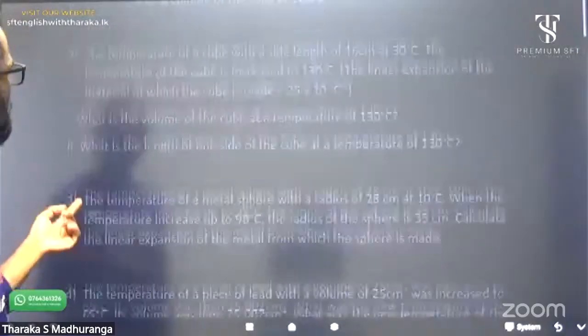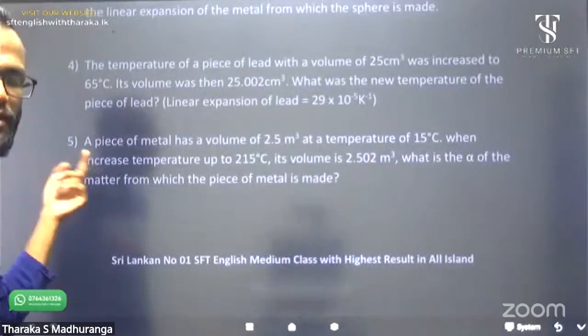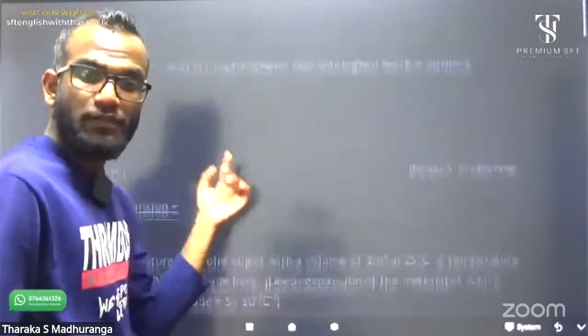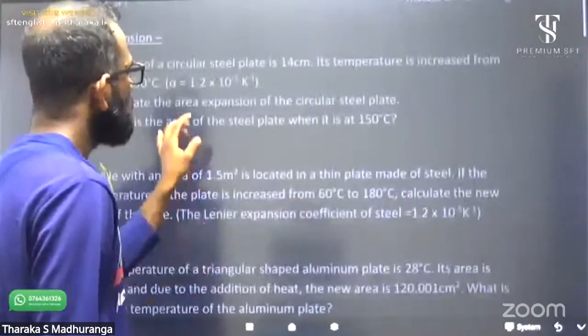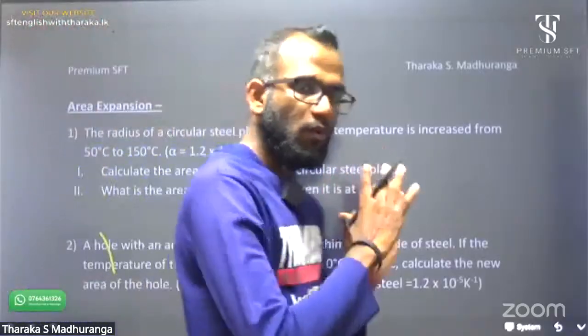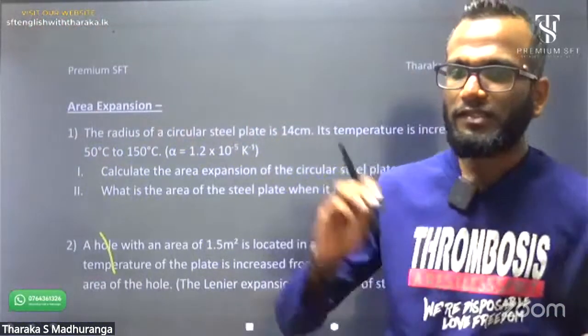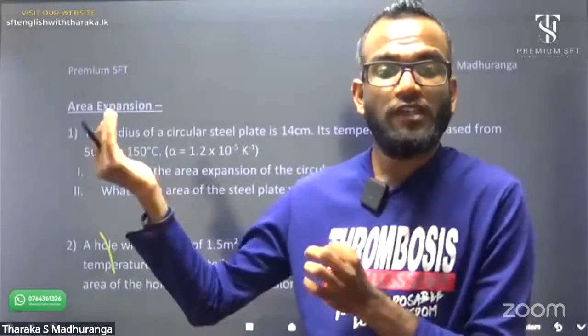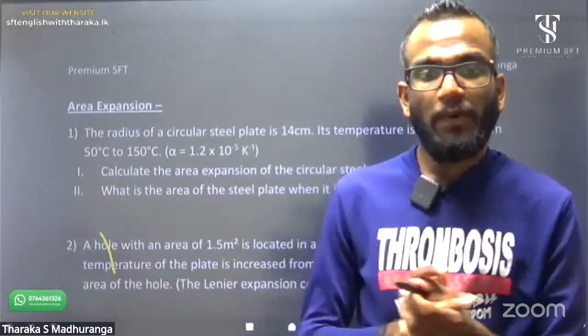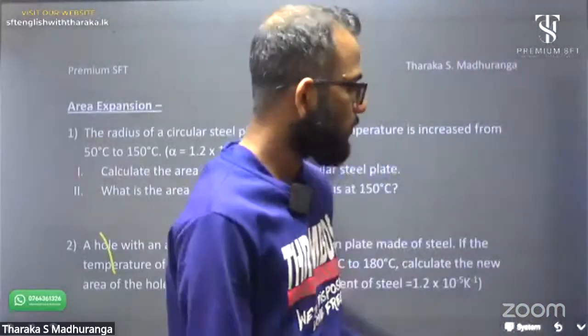Now you have 5 homework questions, and if you have not completed the area expansion, finish that too. Next week we're going to discuss all the homework questions and start liquid expansion and gas expansion. Next week we can finish the final part of expansion.